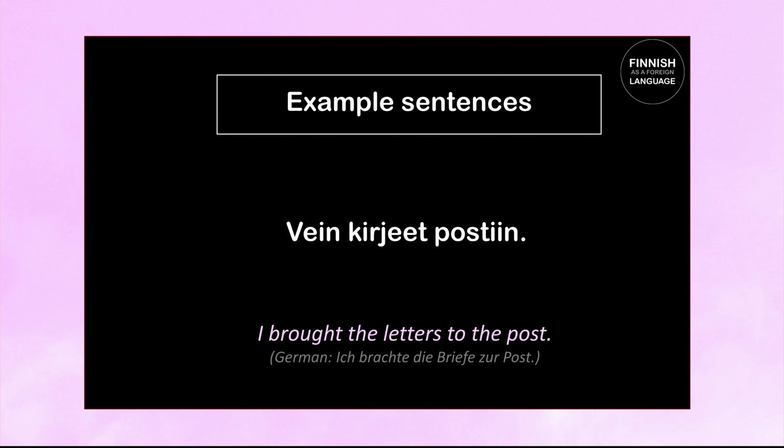Then we have kirjeet, which means the letters, nominative plural, of the noun kirje, which means letter, and postiin means to the post, illative case of posti, meaning post. Let's repeat. Vein kirjeet postiin. I brought the letters to the post.